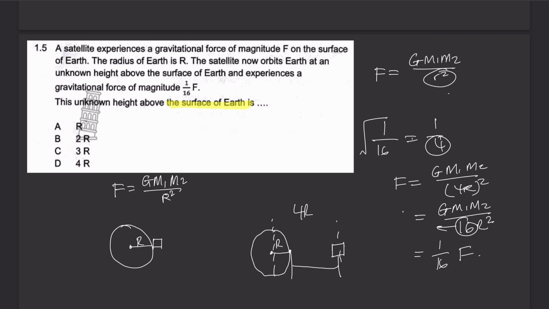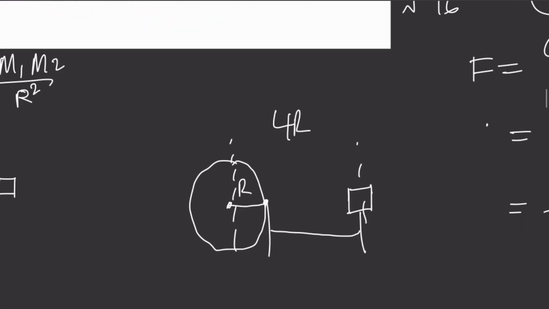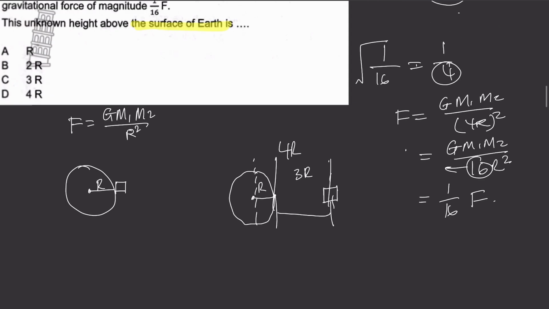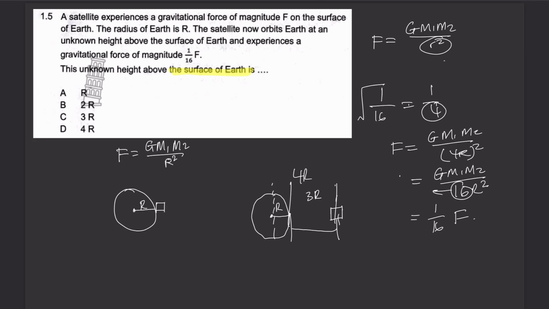But be careful. They want to know the distance above the surface of the Earth. 4R is from center to center. So if the radius of the Earth is R, that means from the surface to this object must be 3R. So the answer there is C.